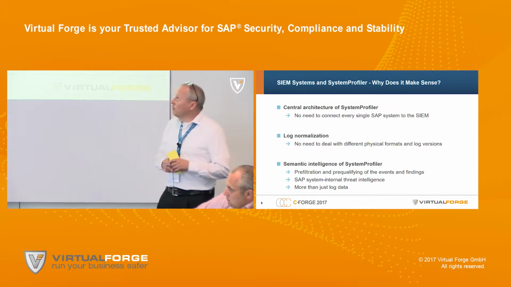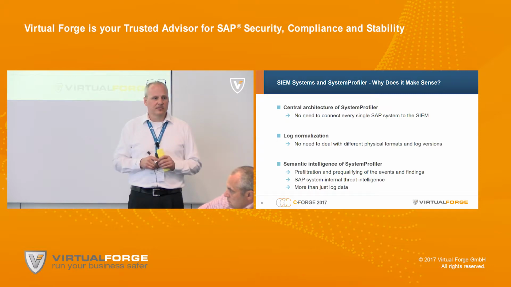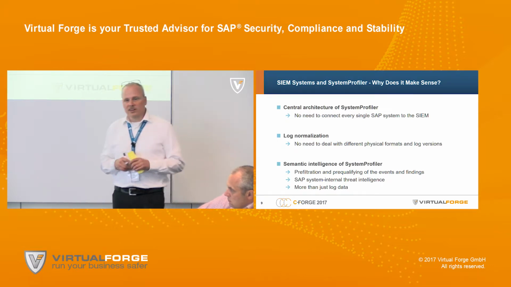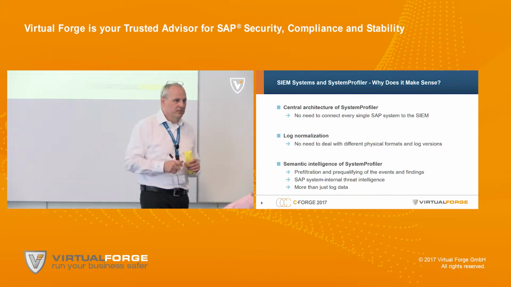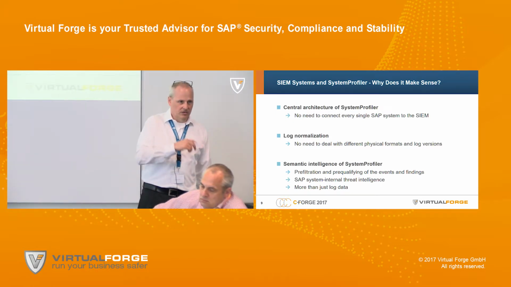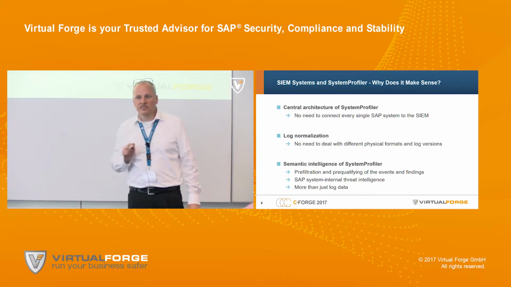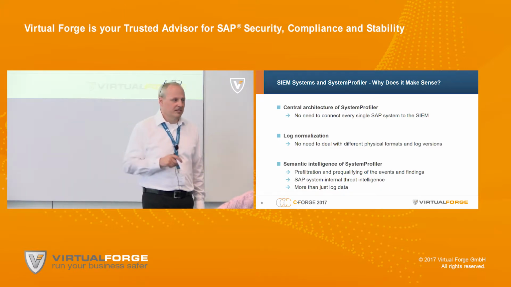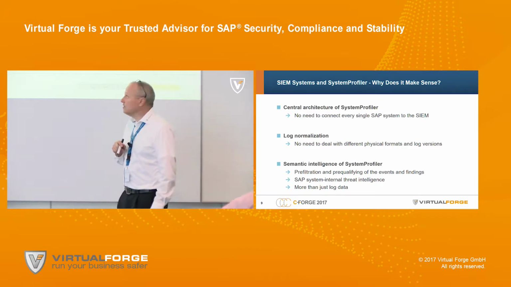And only the central system of SystemProfiler needs to be connected to the SIEM system. This includes a real huge benefit for you, because you are not forced to connect all the SAP systems one by one to the SIEM system, but you only need to connect the central system that runs SystemProfiler, the central instance.